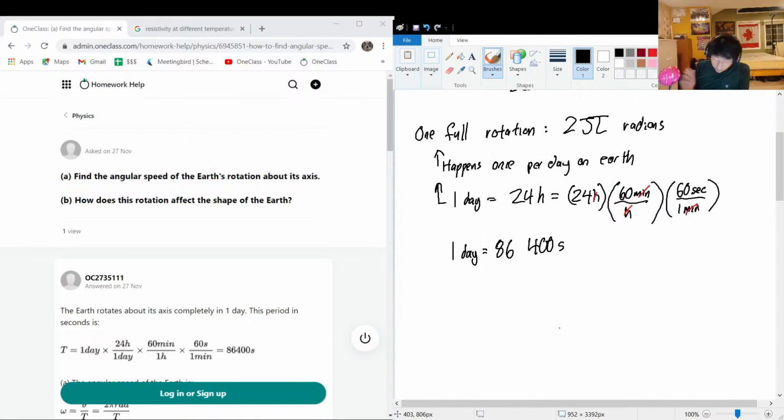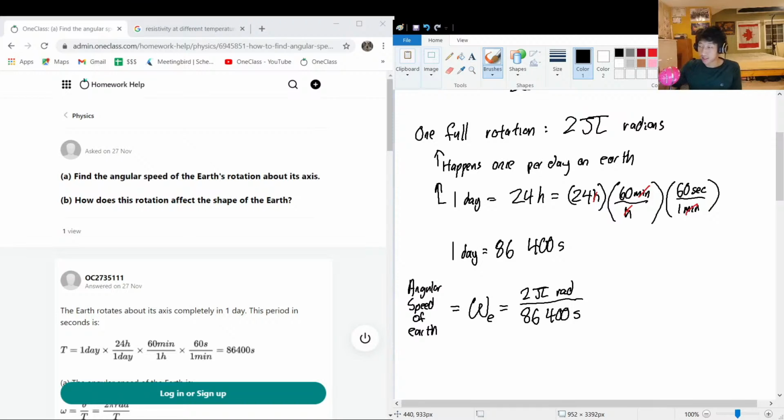So the angular speed of Earth, let's call that omega E, E for Earth, is equal to one full rotation, 2 pi radians, divided by 86,400 seconds.